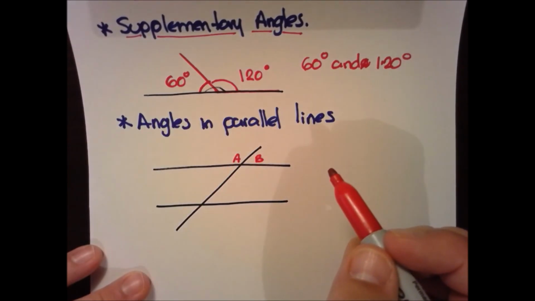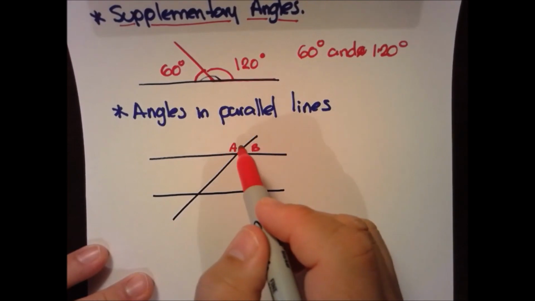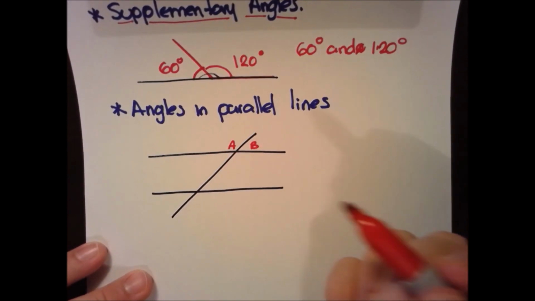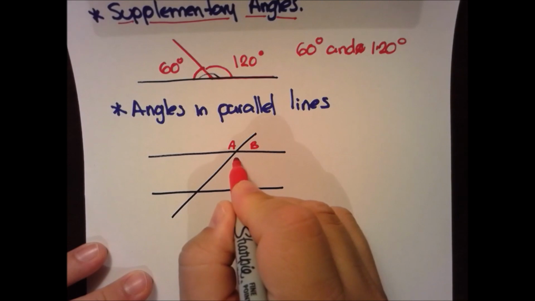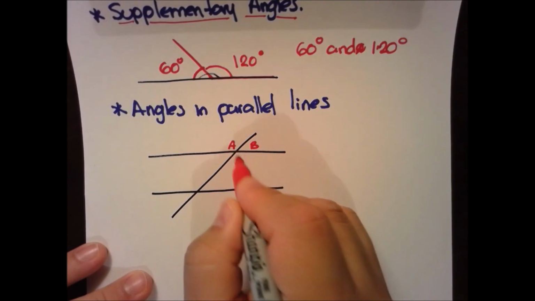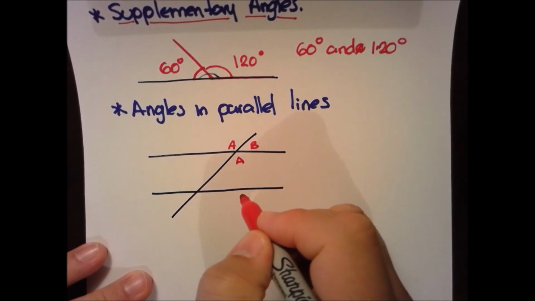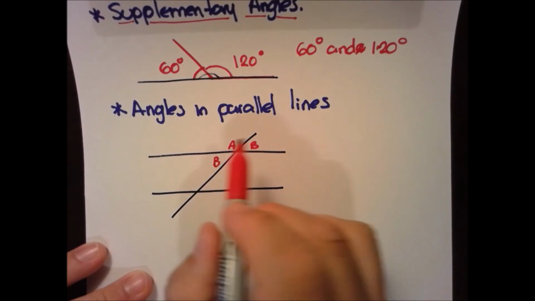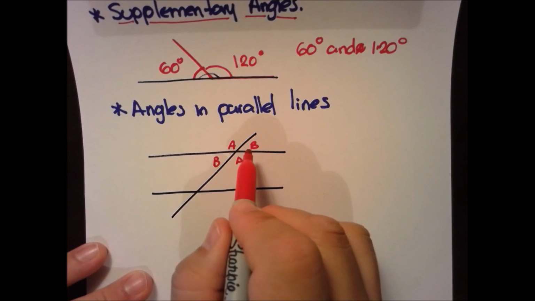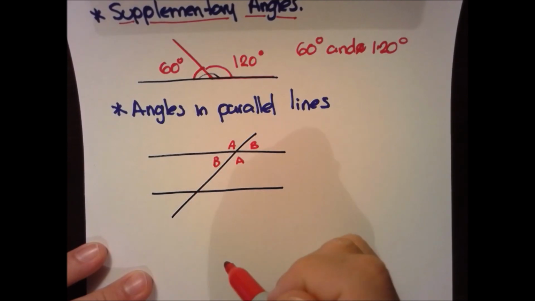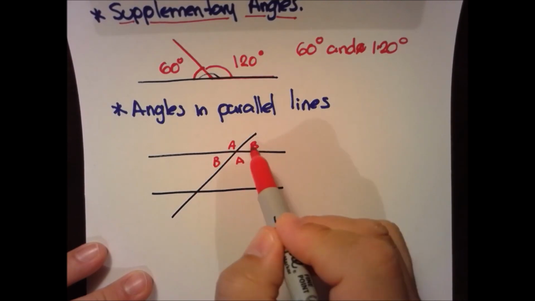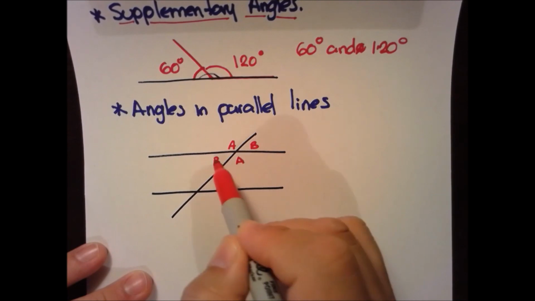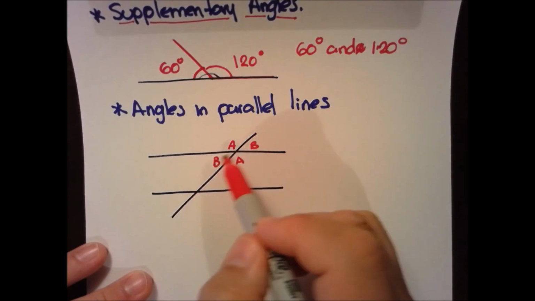Then this angle is repeated over here, so this is a reflection of that one, and B is this one. So the angles are repeated, but in an inverse way.